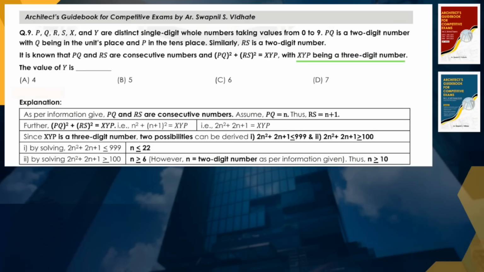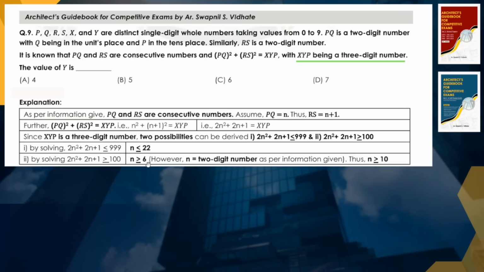Now let's solve this. So this 1 will go here, so it will be 2N square plus 2N less than or equal to 998. By solving this equation, N will be less than or equal to 22. And similarly by solving the second equation, N will be greater than or equal to 6.